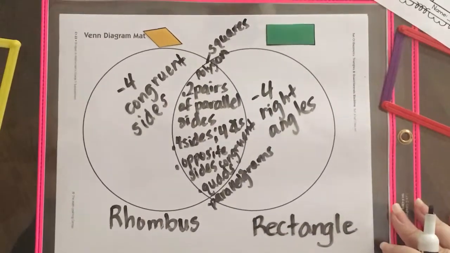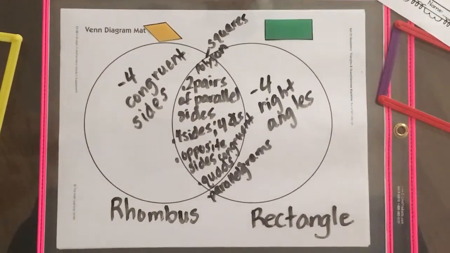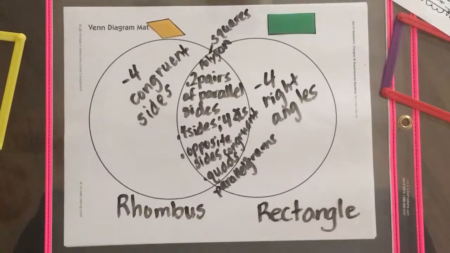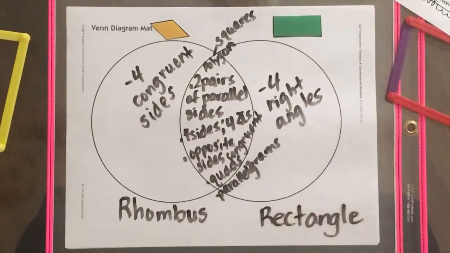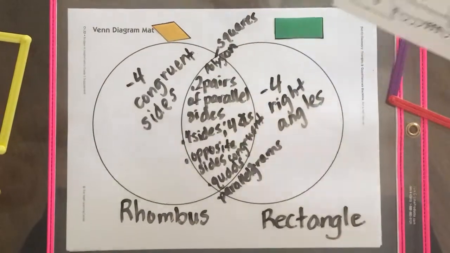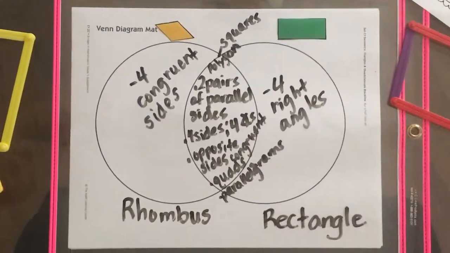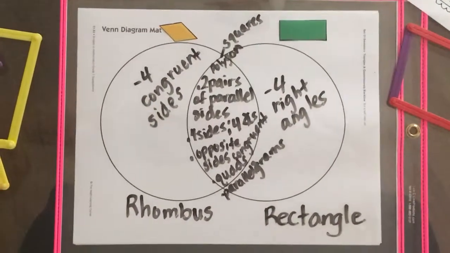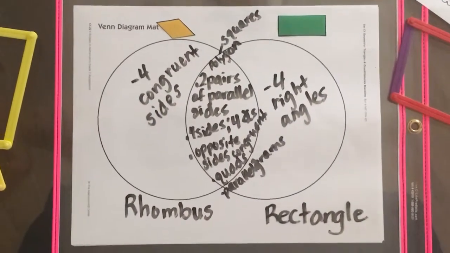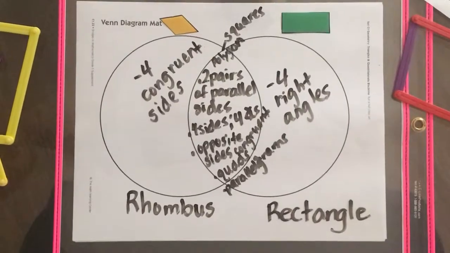After doing this, students will be able to get a better understanding of the differences between different shapes in particular. And they'll also be able to then see some relationships to help them in forming the hierarchy that we're trying to achieve by the end of this lesson.